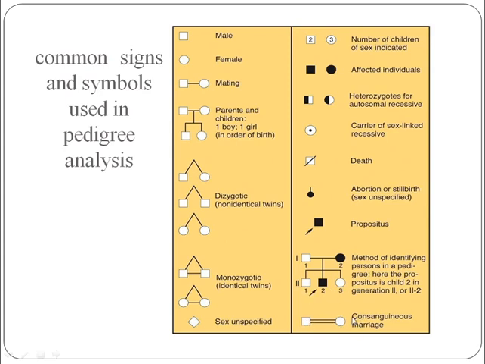Then we denote a consanguineous marriage, that is a marriage between two cousins or relatives, by two double horizontal bars between a square and a circle, right?